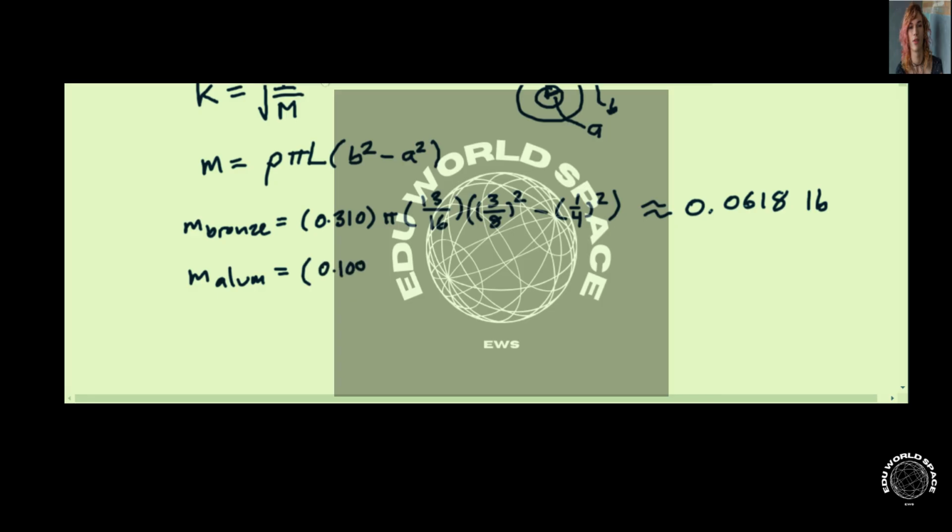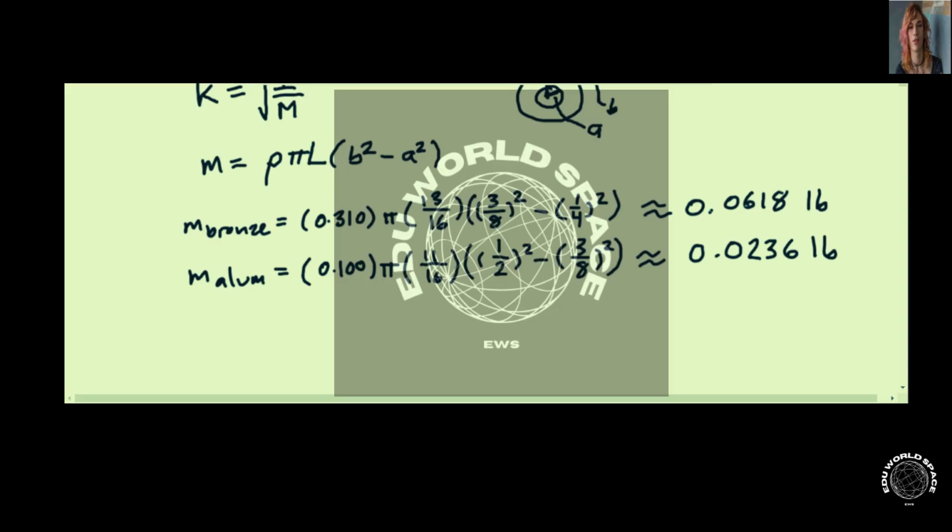All right, so the mass of aluminum is given by the density of aluminum times pi times 11/16 of an inch. That's the length of the aluminum cylinder. In this case, the outer radius is 1/2 inch and the inner radius is 3/8 of an inch, so those are squared. The mass of the aluminum piece is approximately 0.0236 pounds.